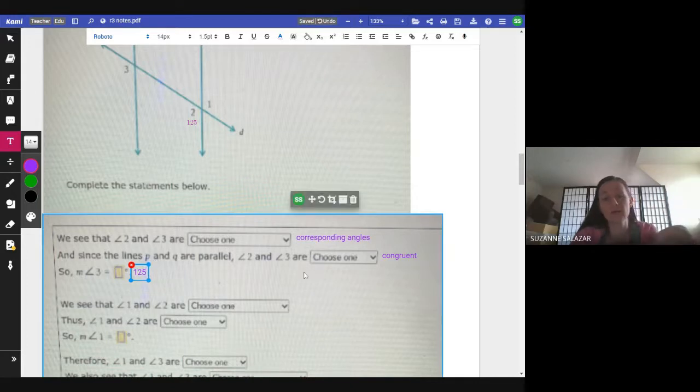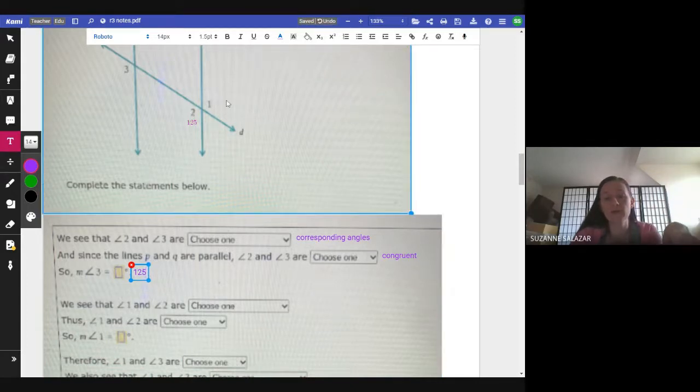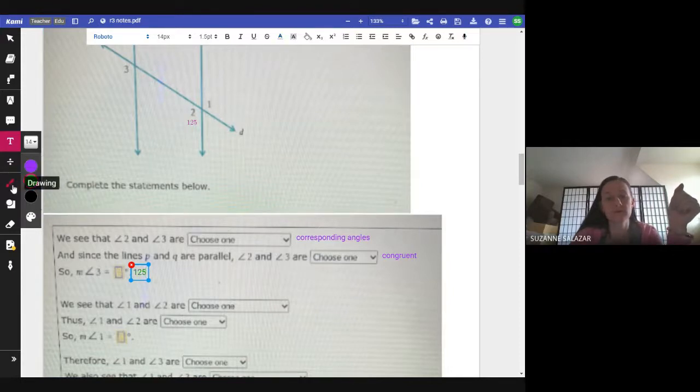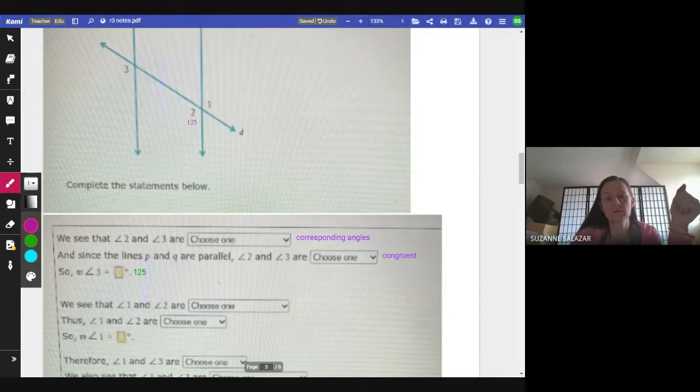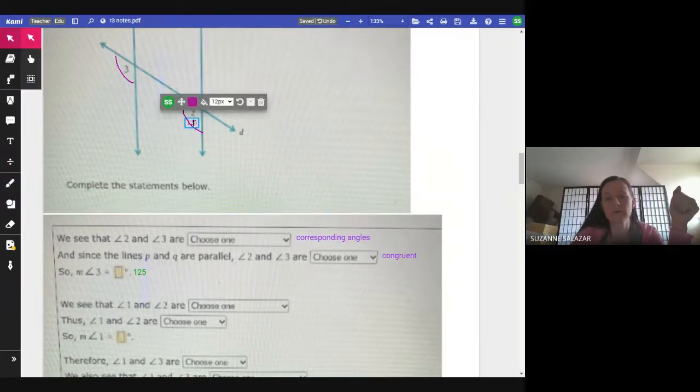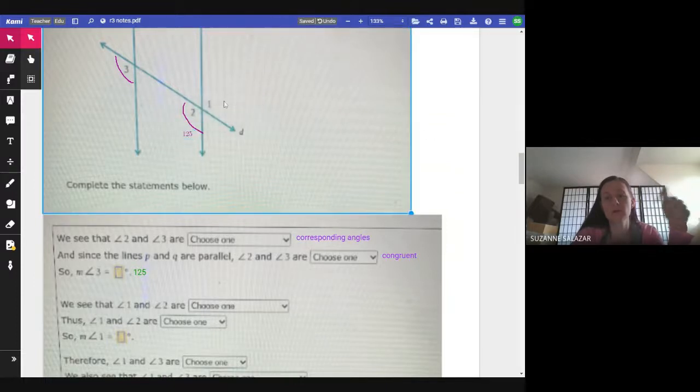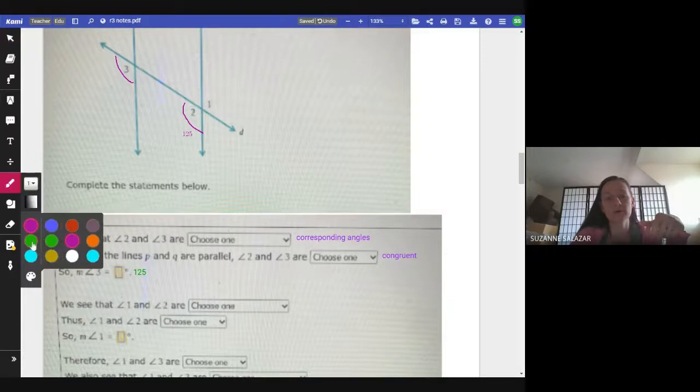Now we're going to look at angle 1 and angle 2. Angle 1 and angle 2 are vertical angles. So they're also going to be congruent to each other.